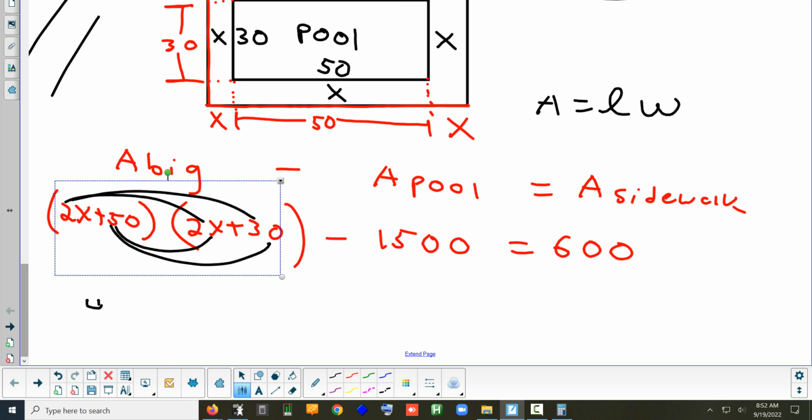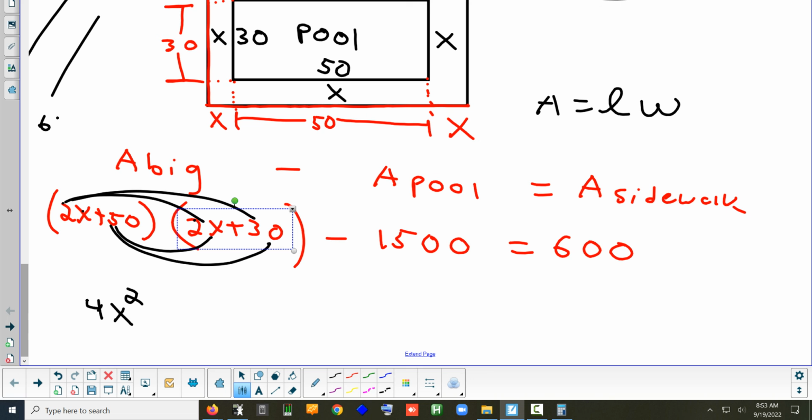It would be 2x to the second. So what's 2 times 2? 4. So that's your 4, and then x times x. Yes, x to the second. So 4x squared.